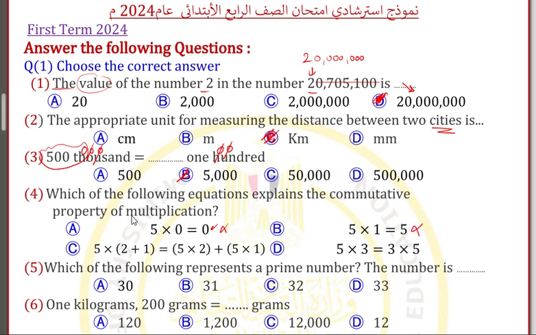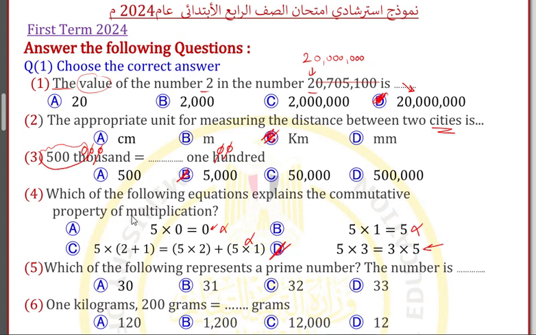This is called associative, also not right. Not associative, sorry, it is the distributive property. The right answer is letter D, 5 by 3 equals 3 by 5, because we switched the places of the numbers. 5 by 3 flipped on the right hand side becomes 3 times 5.